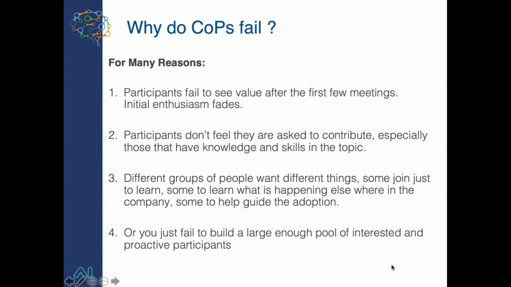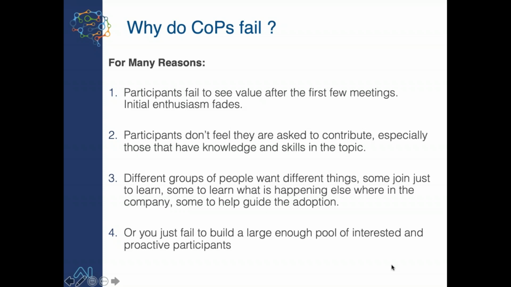Some participants don't feel they get asked to contribute, so some of the people there may already have skills and knowledge on the topic, and part of the skill in managing these communities of practice is finding those people that already know a little bit about the technology and getting them helping to drive the community of practice. So identifying those people quickly is really key.